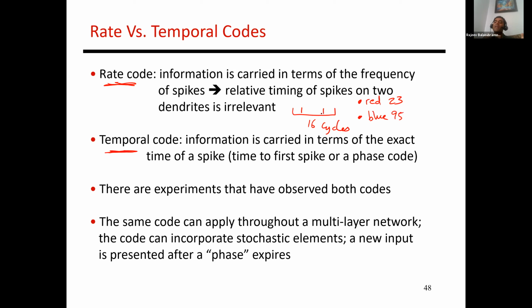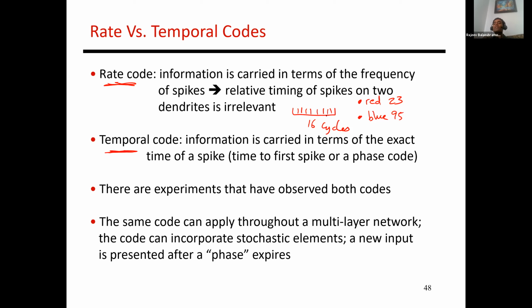So the rate of spikes is conveying the value. Blue, which is almost 4 times as much, may correspond to 8 spikes during the 16 cycle window. That's how I'm conveying the values of these input numbers, by the number of spikes propagated during the 16 cycle window. So that's what rate coding refers to.